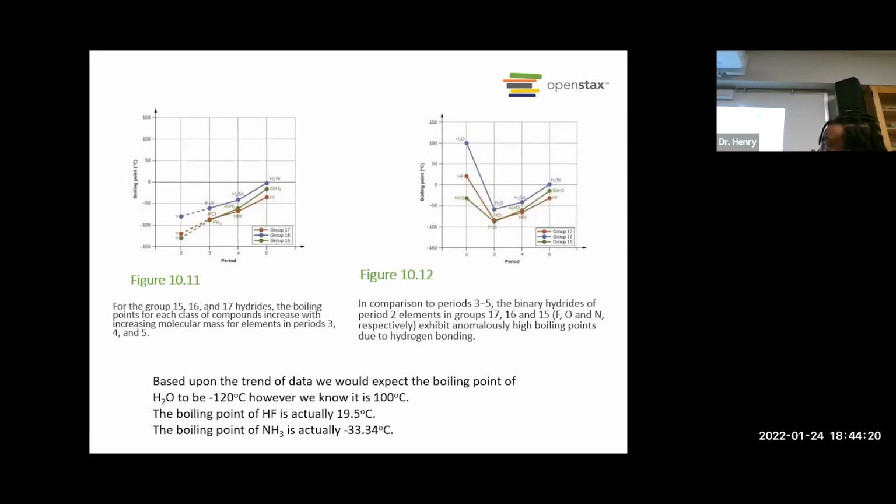Now, it's important, you guys take a look at it. This is what you would expect to be the case, because we know that oxygen is smaller than sulfur, and oxygen is definitely smaller than selenium. But in reality, this is what happens. Why?